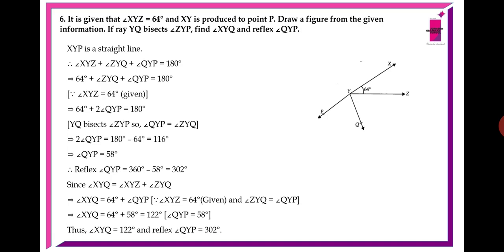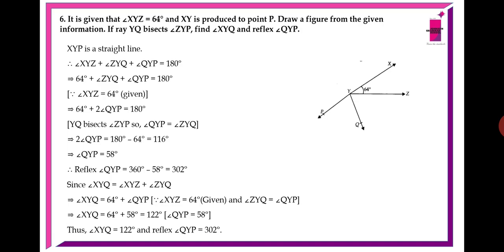Now XYZ plus ZYQ plus QYP equal to 180 degrees, because sum of all angles on a straight line equal to 180 degrees. Now we know that XYZ is 64 and QY is a bisector, then you can say ZYQ and QYP are equal.